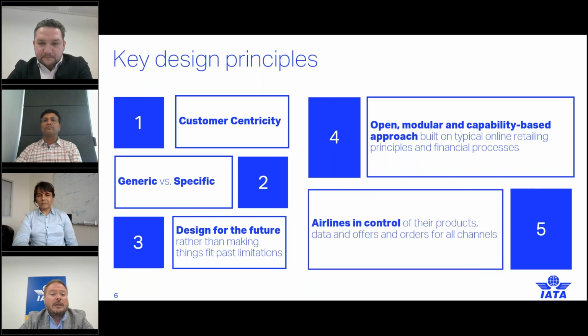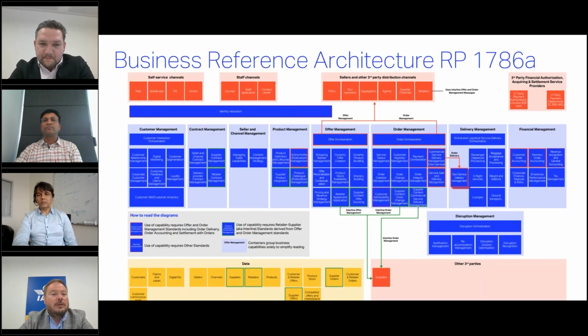And last but not least, it's designed with airlines in mind, by airlines, putting airlines in control of their end-to-end distribution, all the way through the entire transactional life cycle down to financial management and settlement. So these are the key principles, and now we will go into the actual architecture overview.